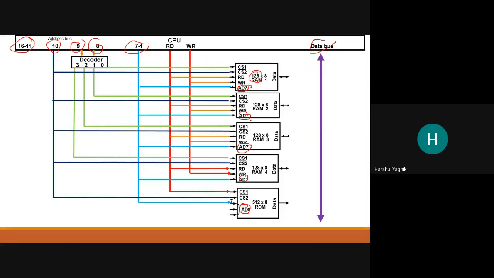And then bit number 10 of the address is connected with the chip select of all the RAMs and the ROM, specifically the active low chip select. Just in the case of the ROM, a NOT gate is required, so that when the RAMs are being used, the ROM is not used.